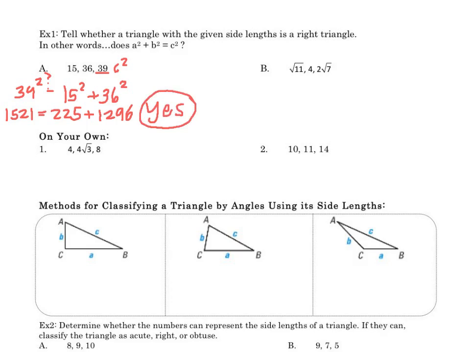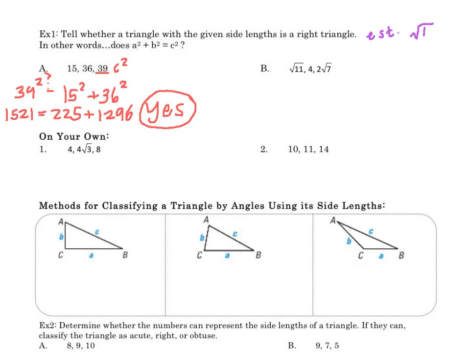Okay, on this next problem, things get a little trickier. These are not nice, pretty whole numbers, so we can't just glance at them and know what the longest side length is. So you have two options. If you feel confident in estimating a square root, you can estimate the square root of 11.